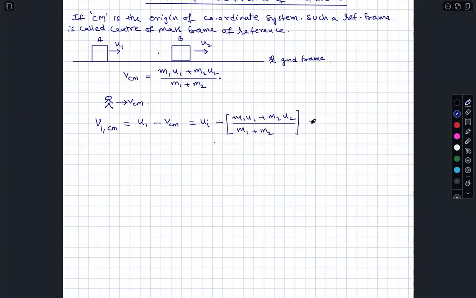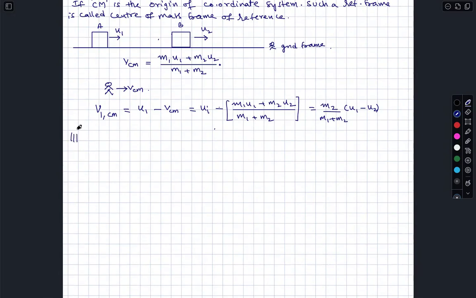After careful algebraic work, you will get m2 by m1 plus m2 times (u1 minus u2). Okay, fine.